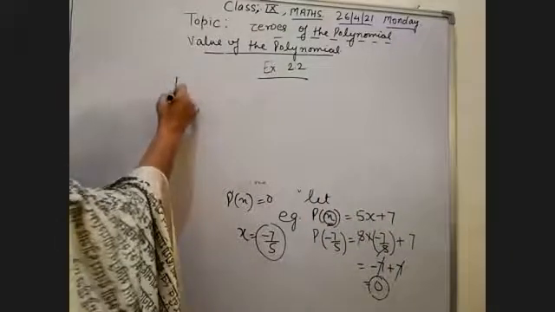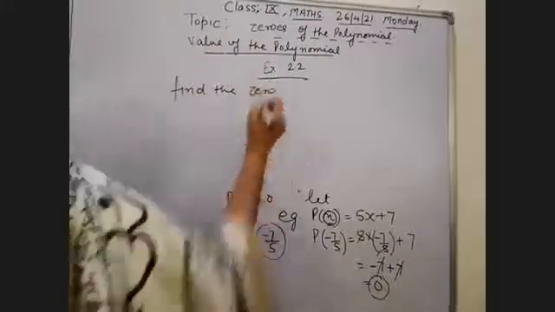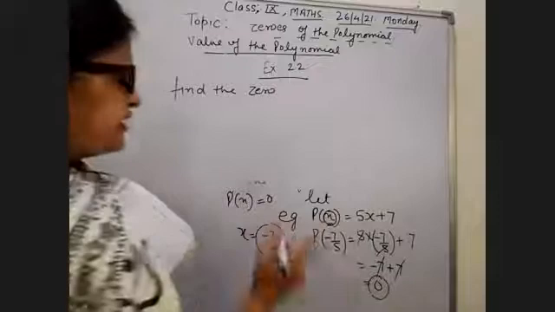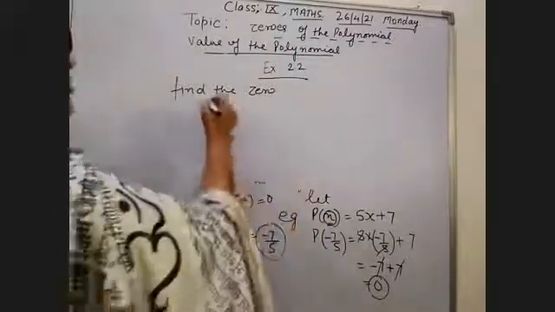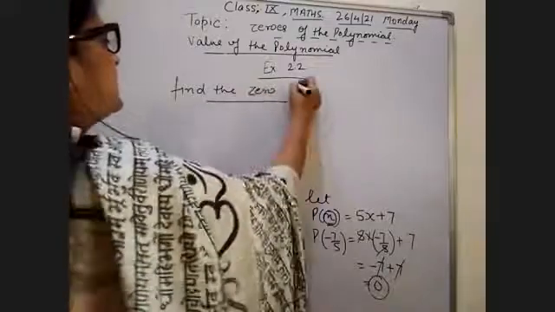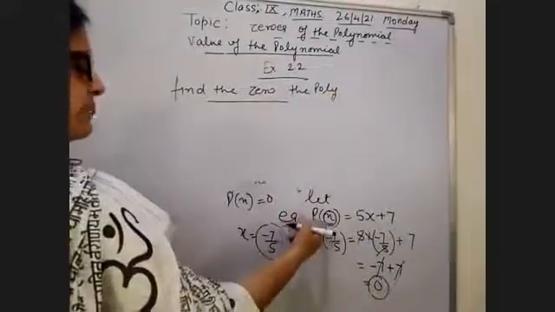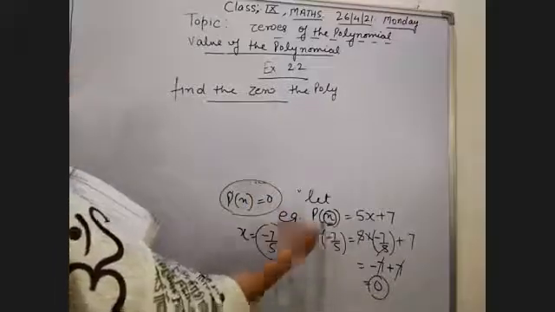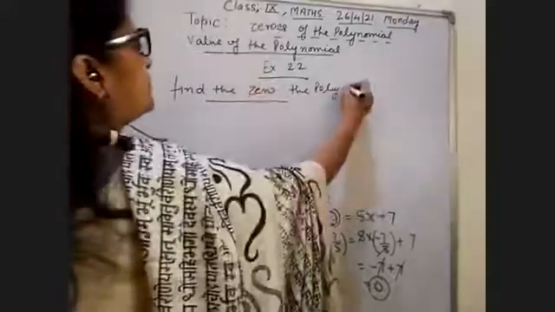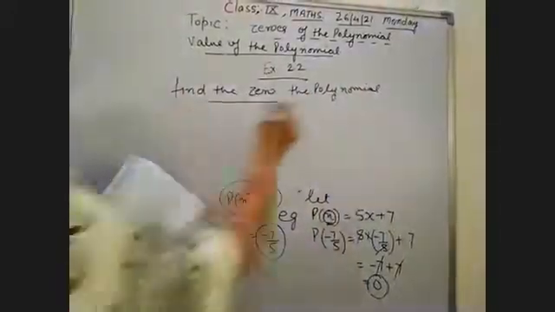Here I put the value minus 7 upon 5. And how will we get the 0 of the polynomial? Find the 0 of the polynomial by putting 0 in place of Px. So find the 0 of the polynomial.